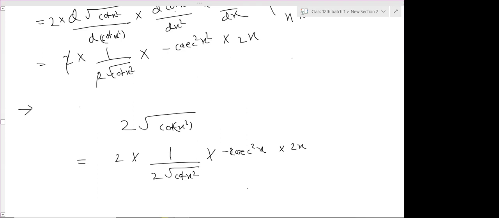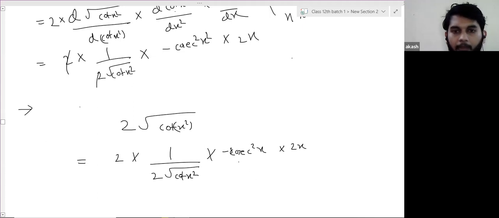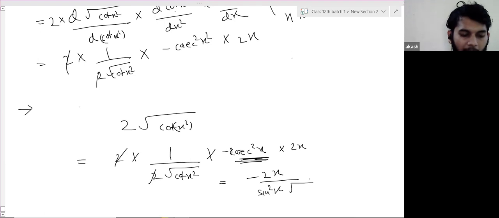All right. Then if we can convert this, we can match the answer. So this is minus 2x upon sine square x, right? This is 1 upon sine square x. I think the mistake is in here. This answer is wrong.